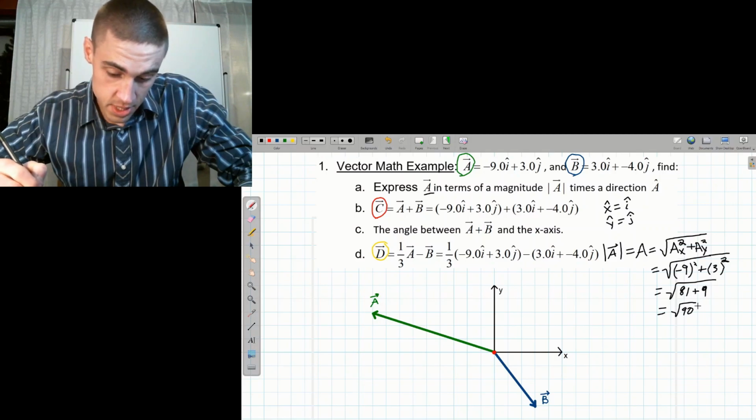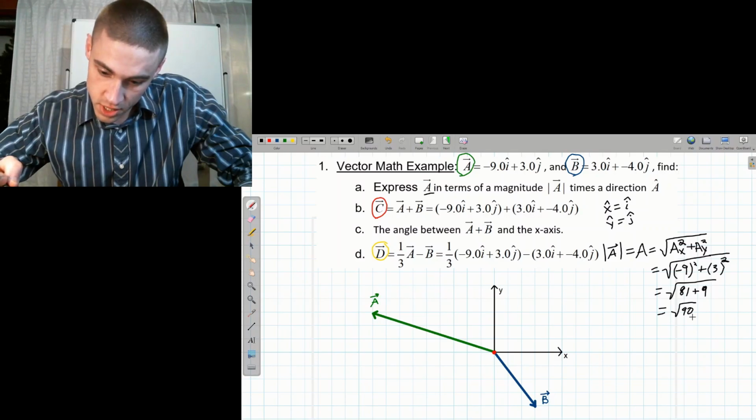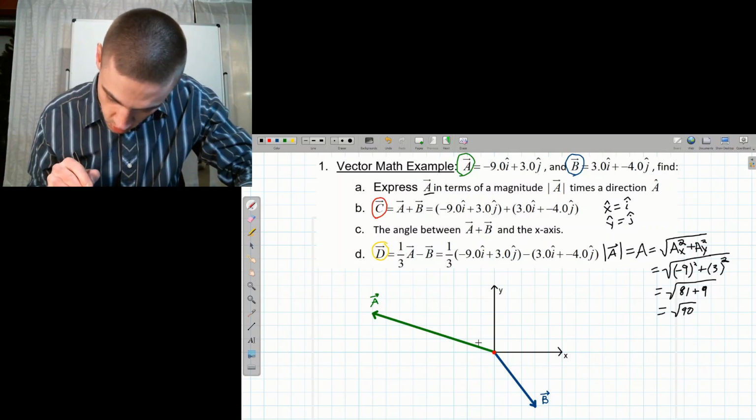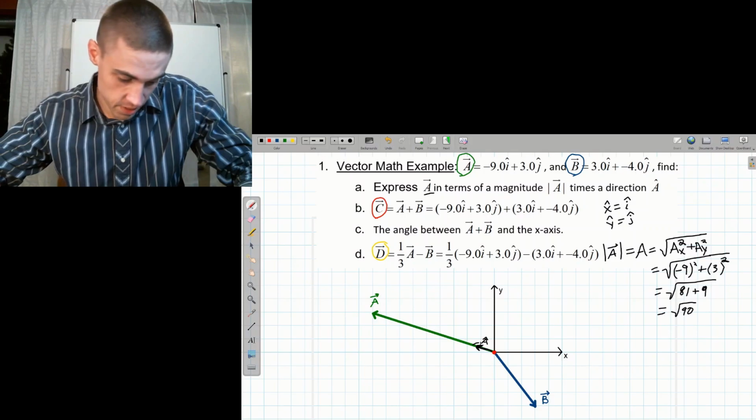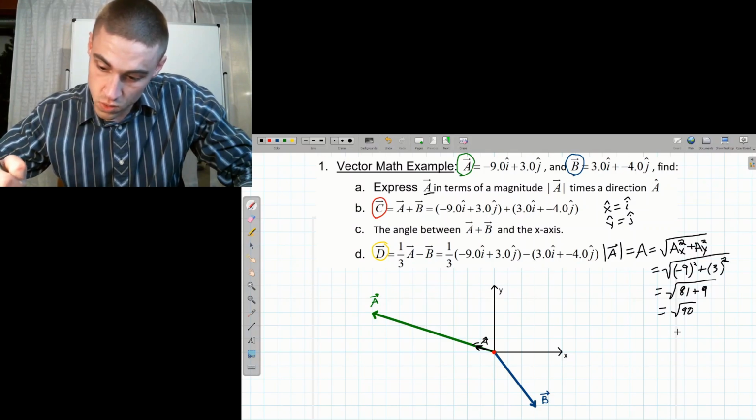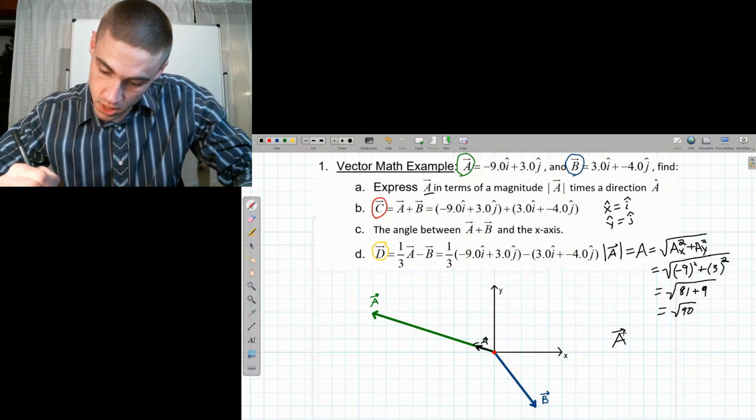We were asked to express it in terms of a magnitude times a direction. So for the direction, you can pick out a unit vector that has a length of unity and points along a vector, that's a hat. To get a unit vector pointing along a specific vector, all you have to do is take the vector itself and divide by the length of that vector.